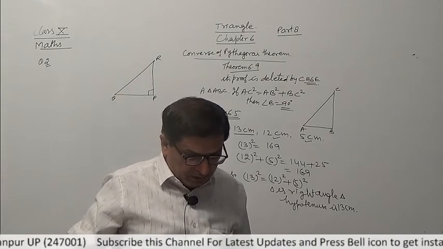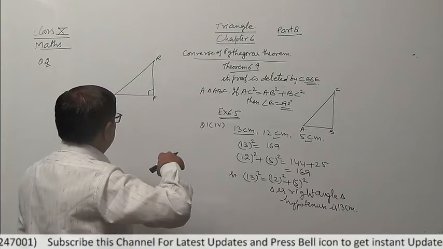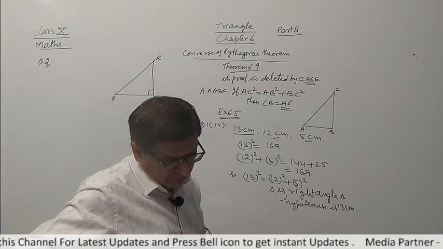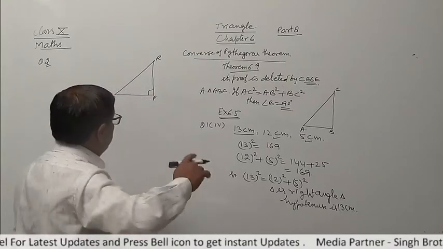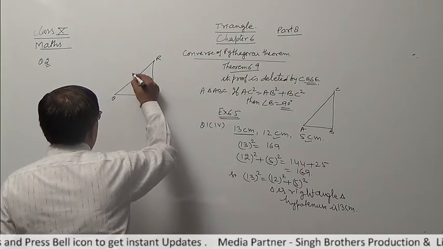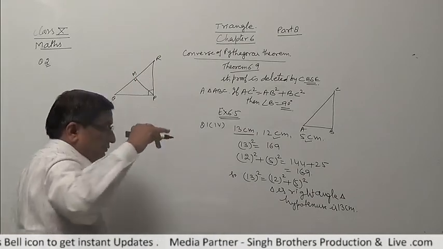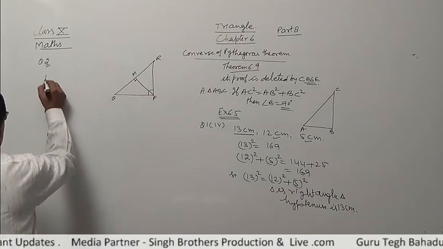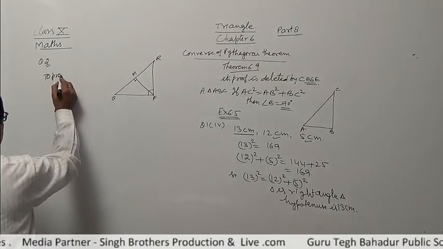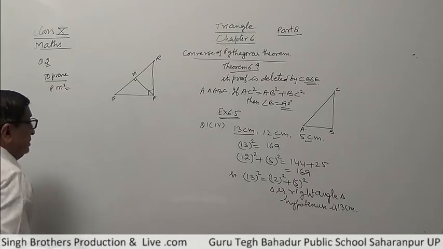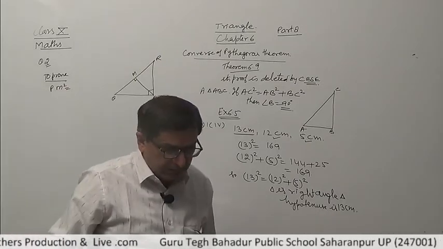M is the point on QR. PM is perpendicular to QR. This is PM, this is perpendicular. To prove that PM square is equal to QM into MR.